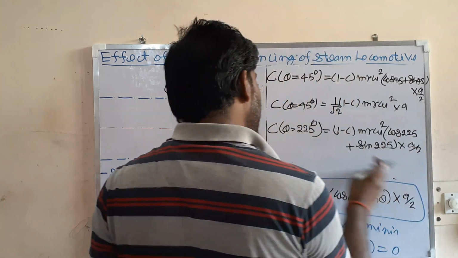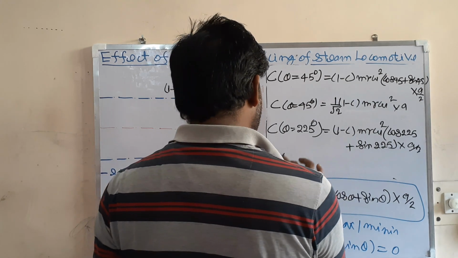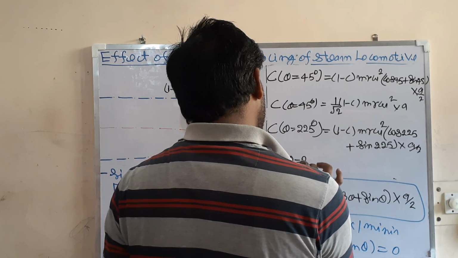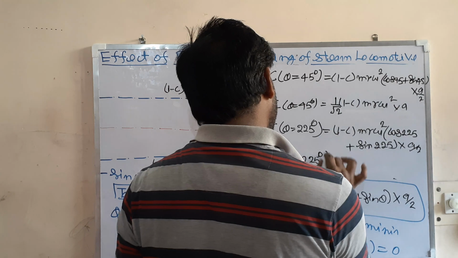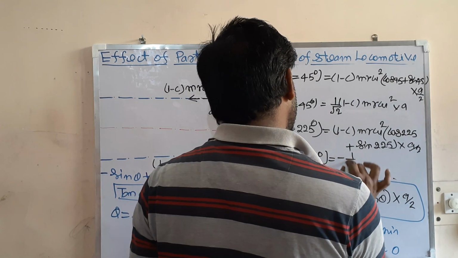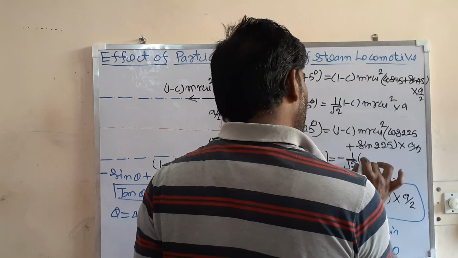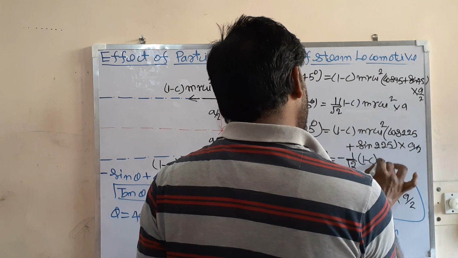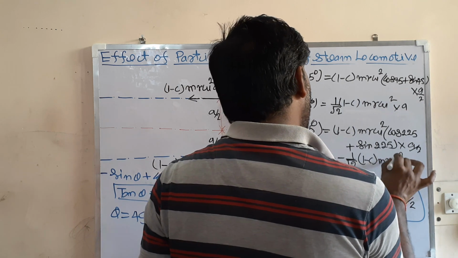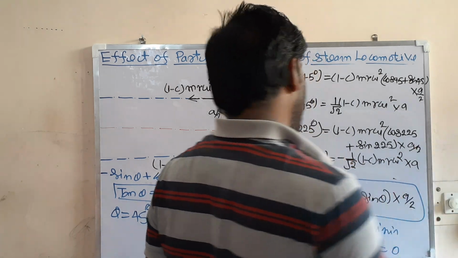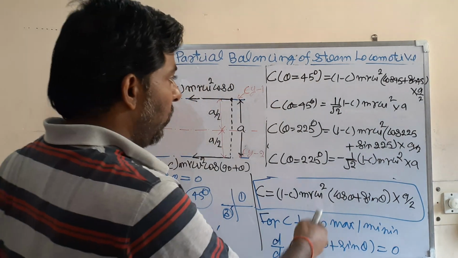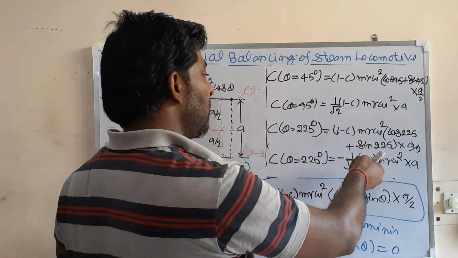When you solve it, you will get the couple at theta equal to 225 degree is equal to minus 1 by root 2, (1 minus C) m r omega square into A. You can see that this is plus and that this is minus.